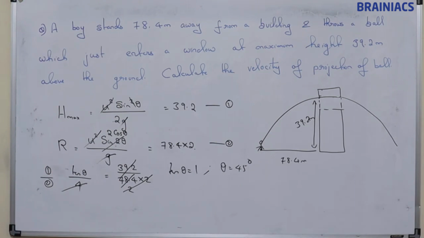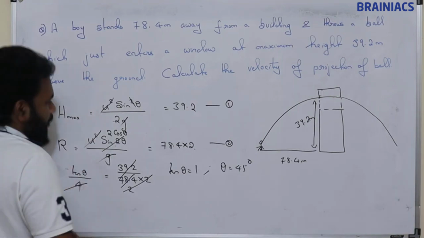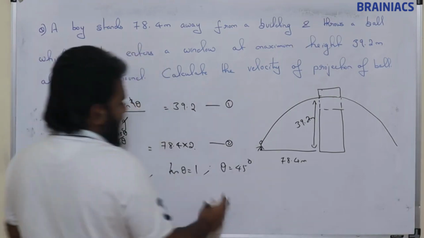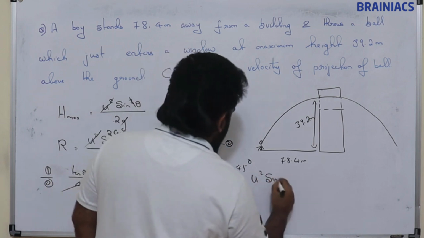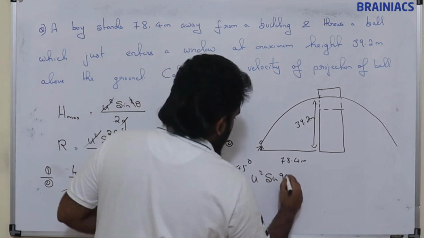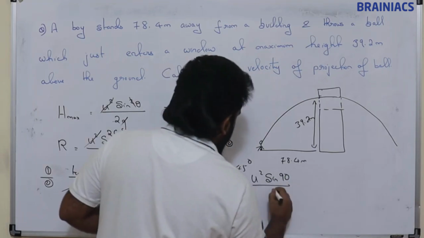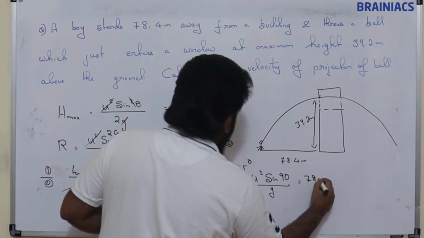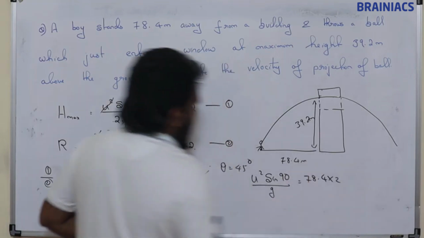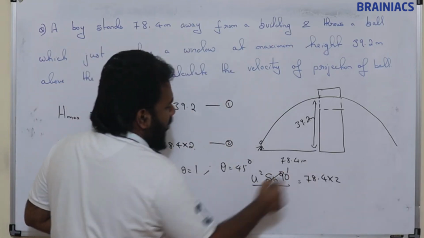So now we can find u. Any equation can be used and we can find u. So let us take the range: u square sine 2 theta, which is now sine 90, divided by g, is equal to 78.4 into 2. So this sine 90 is going to be 1.